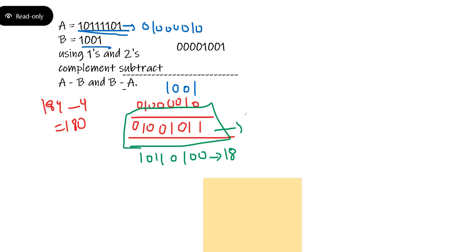You can check it. Here you can see what is happening. When you do B minus A, smaller minus bigger, you directly get the answer without any carry, and you can change that into the complement form and get the direct result.